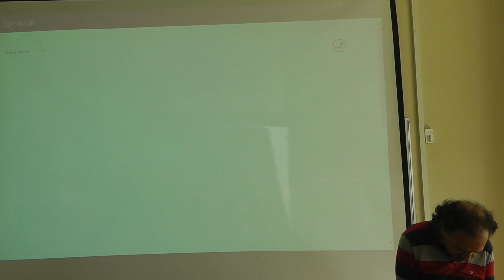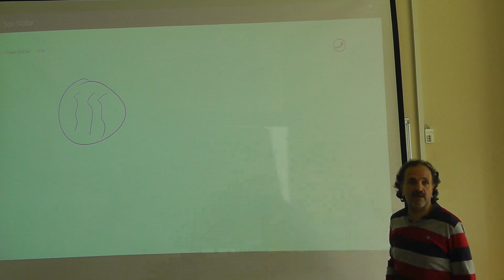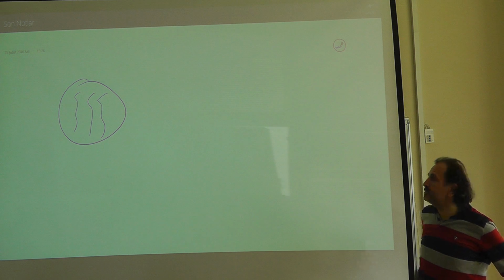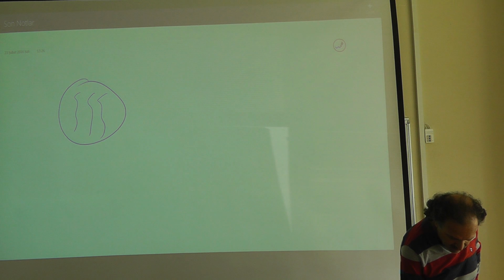Let's say I have a process and 3 threads are running, all in user space. So these are user space threads. This is my kernel.